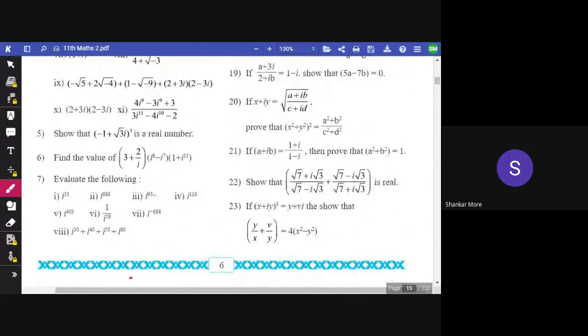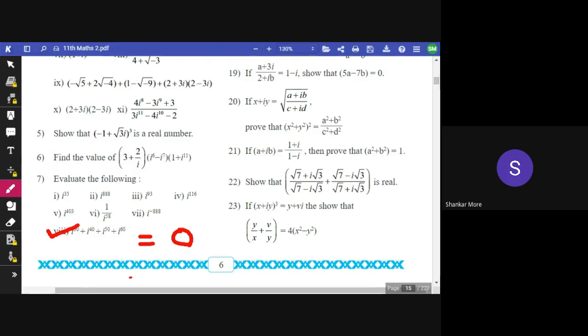So yesterday we made one mistake. Actually, I made one mistake. I told you the value of this question is equal to 0, but its actual value is not 0. We made a mistake yesterday, so we have to rectify that mistake.